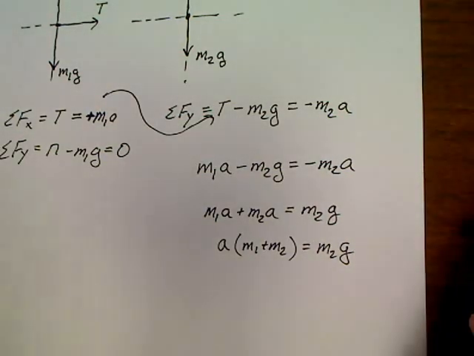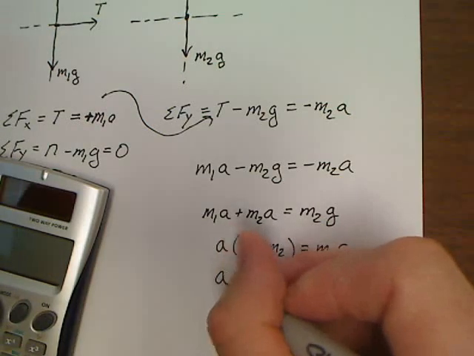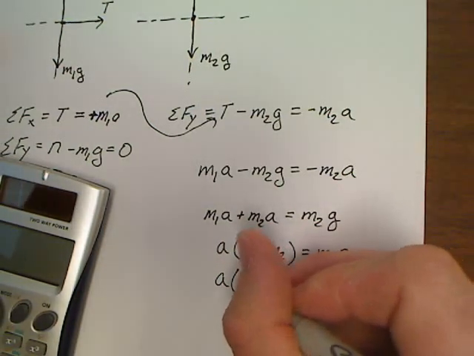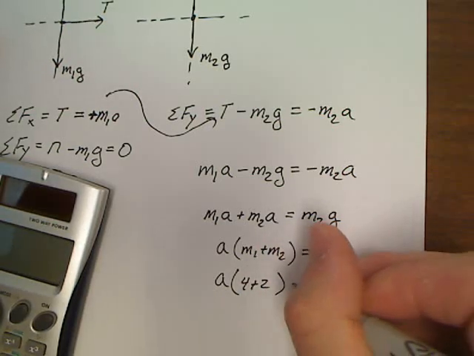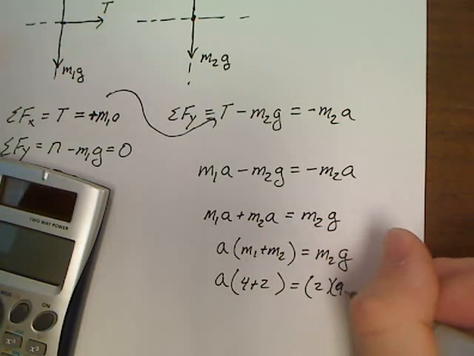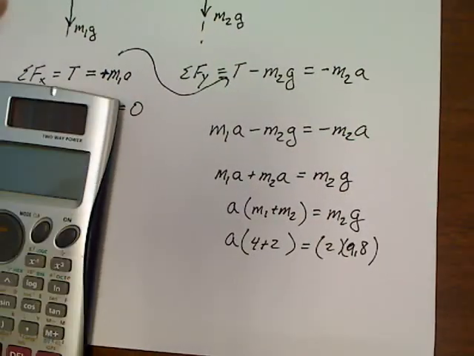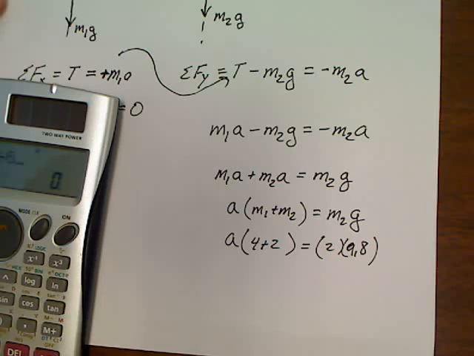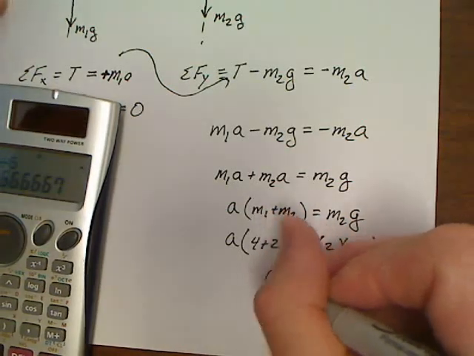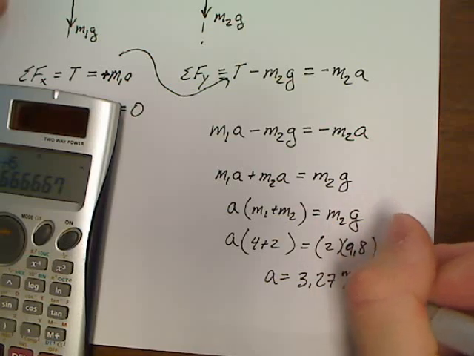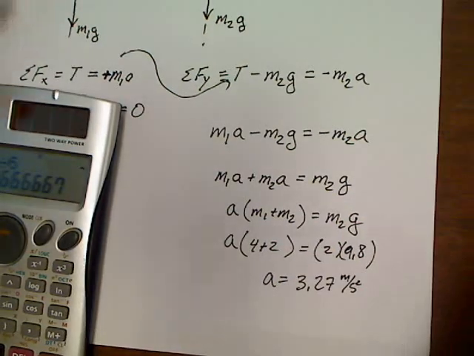If you were looking for an answer, A would be M2G over M1 plus M2, so 2 times 9.8, which is 19.6, divided by 4 plus 2, which is 6. That's 3.27, so there's our answer for A.